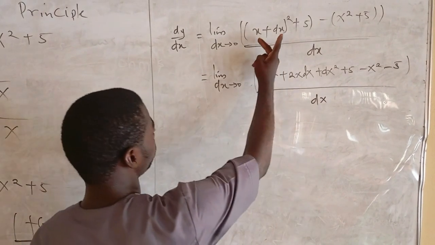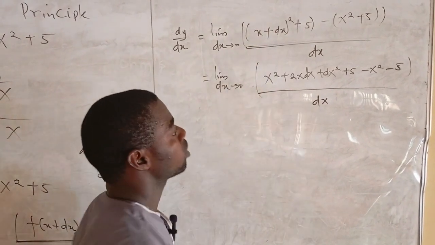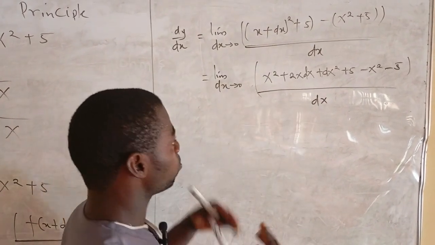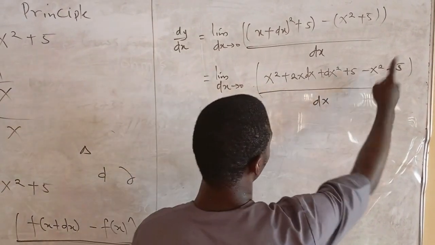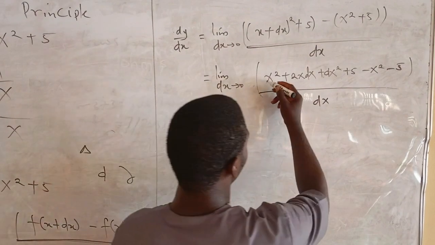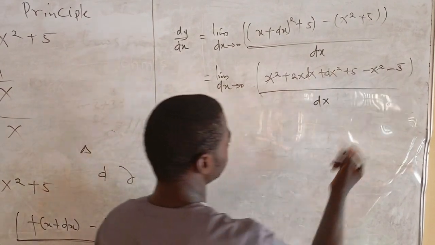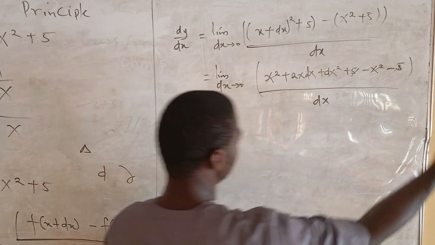Of course, we know how we are able to expand x plus dx squared. It's just like having two brackets and you open up those two brackets. So x squared minus x squared gives us 0, and 5 minus 5 gives us 0.